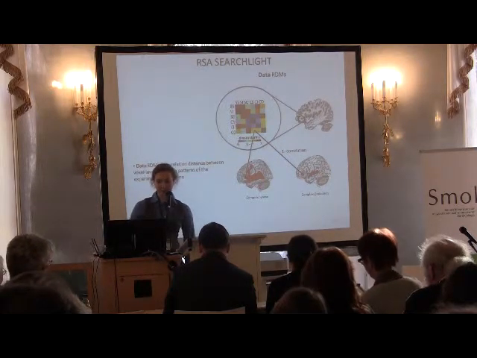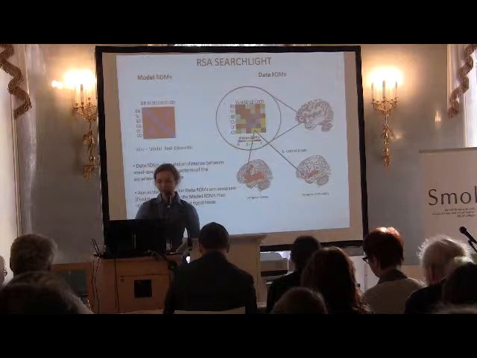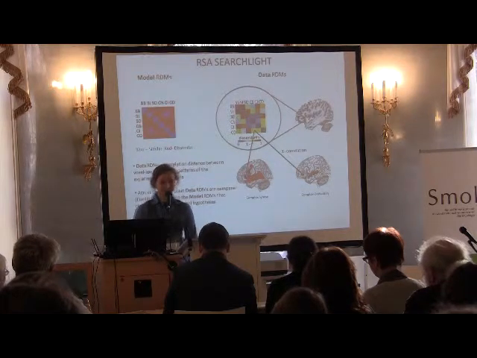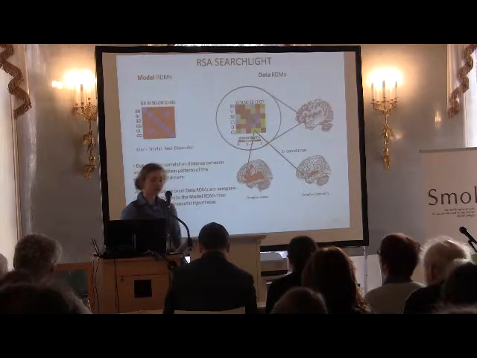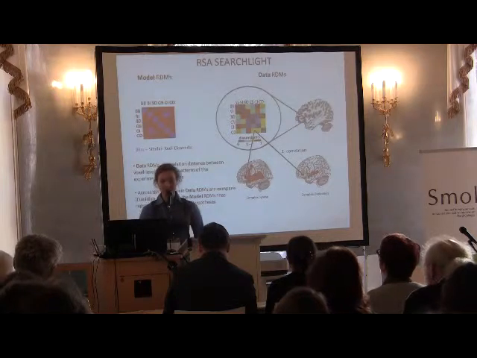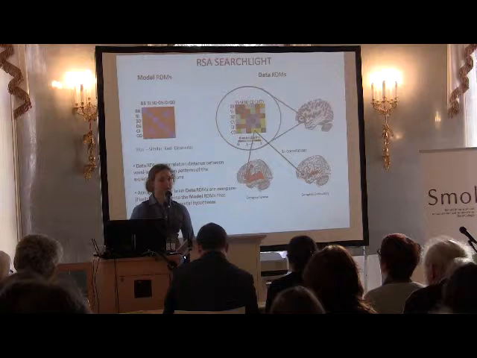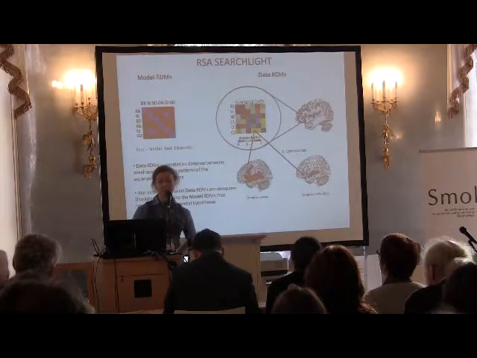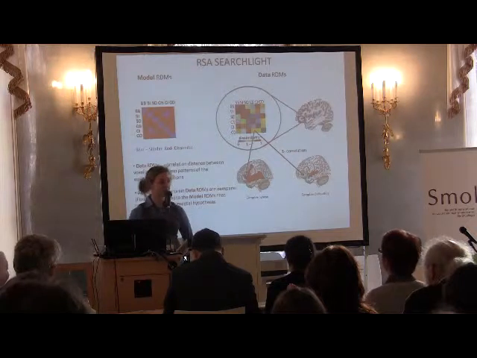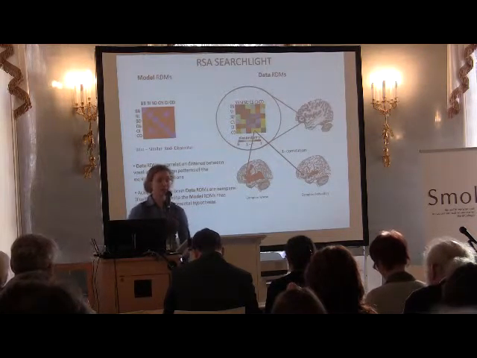And the next step, we compare our data with our model. Now, our model is a representational similarity matrix that shows our hypothesis about how we think the conditions are similar or dissimilar based on their experimental properties.